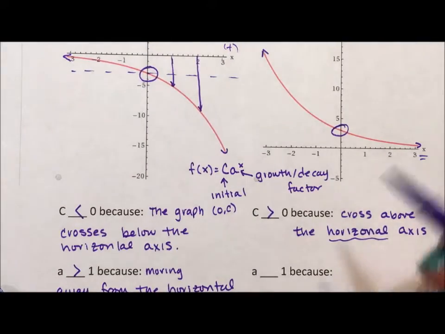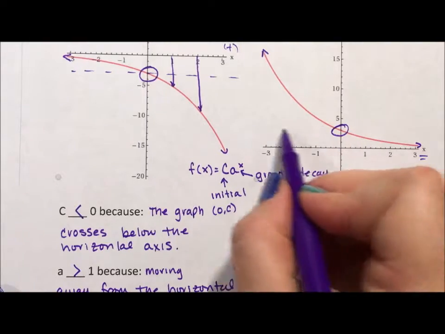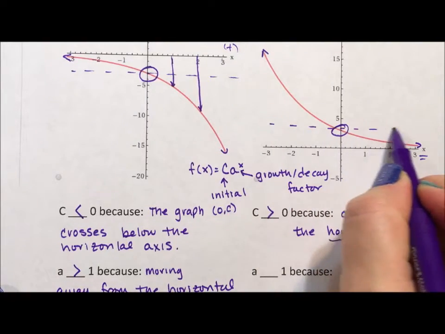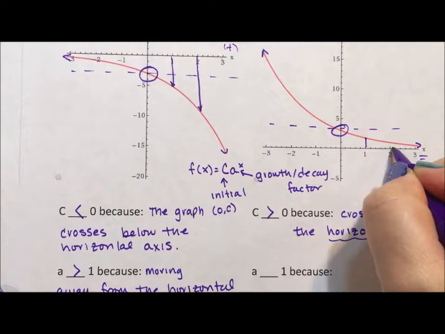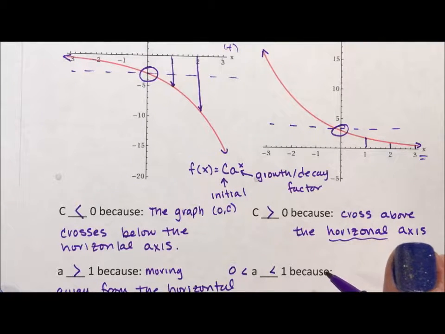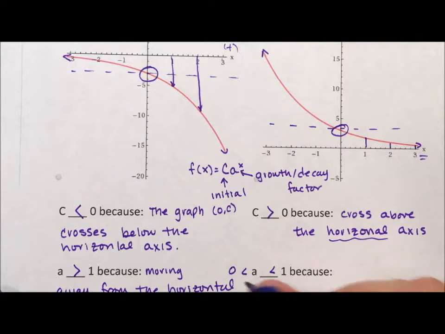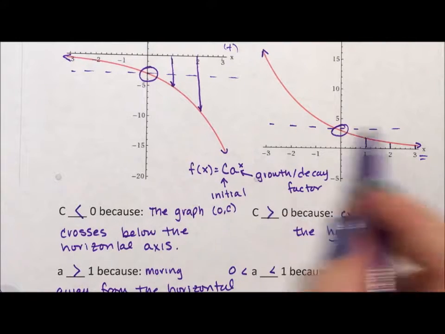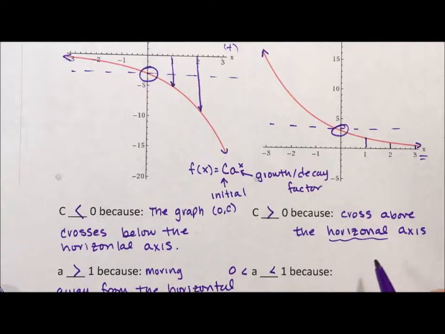Okay, for this one, once again, if this is 1, this is less than 1, this is even less, and this is even less, which means we're less than 1. But more than that, we're greater than 0 because the growth or decay factor has to be positive. It has to be greater than 0, but it cannot equal 1 because 1 would be that horizontal line.